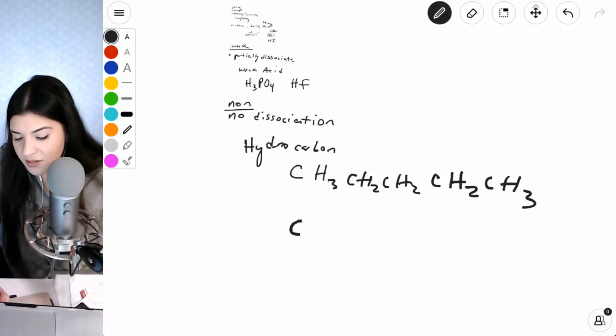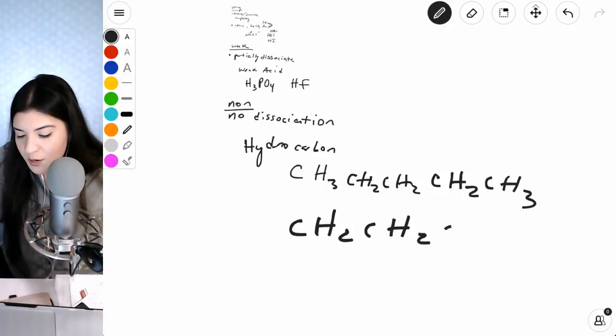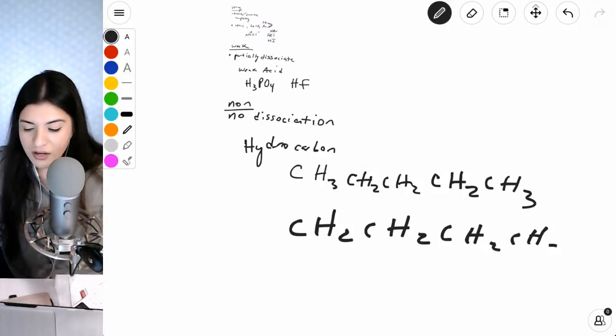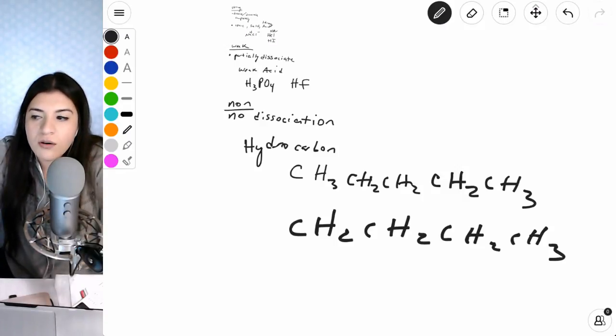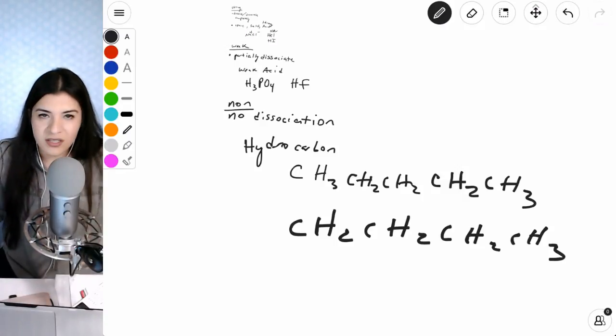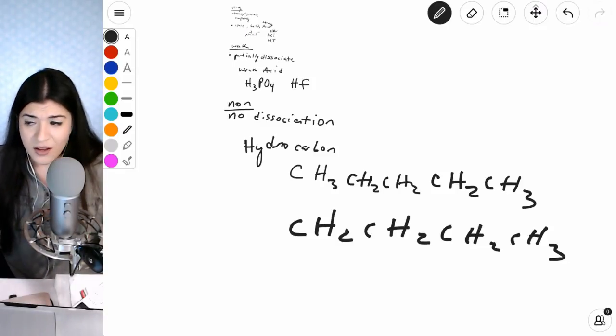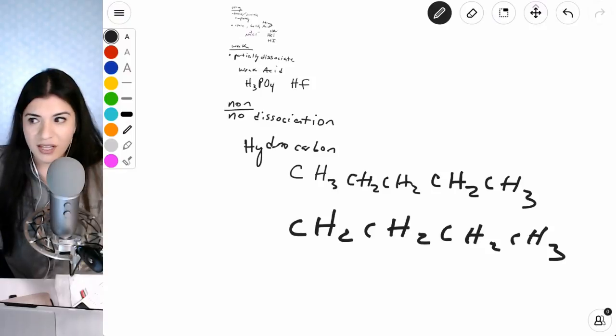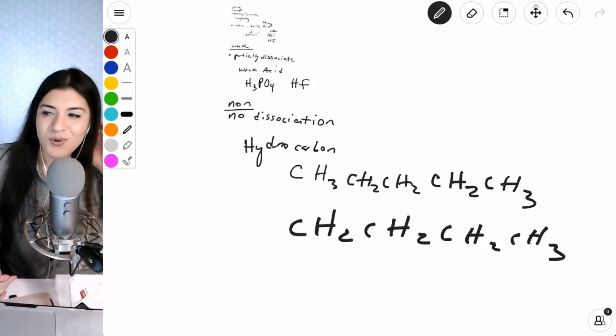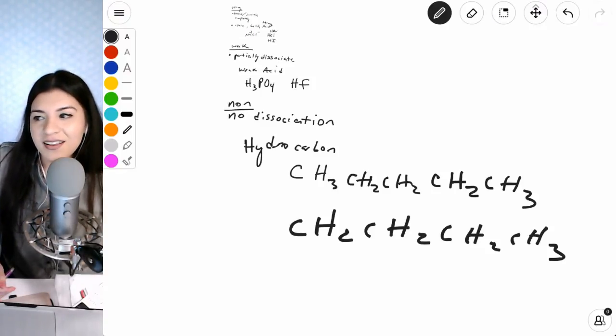Something like that, or even something a little bit smaller, would be characterized as a non-electrolyte because it will not dissociate whatsoever. It's not going to break apart into ions because there aren't any ions to break apart into, really. That's the main concept. Hope that makes more sense, April.